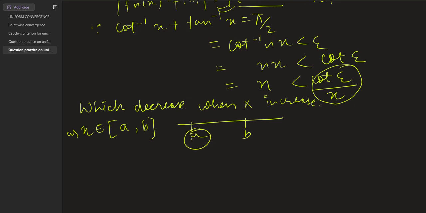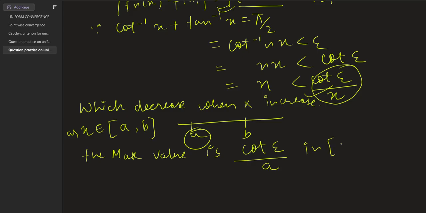So at x equals a, this value is your maximum. Hence the maximum value is cot(epsilon)/a in (a, b), where a is greater than 0.